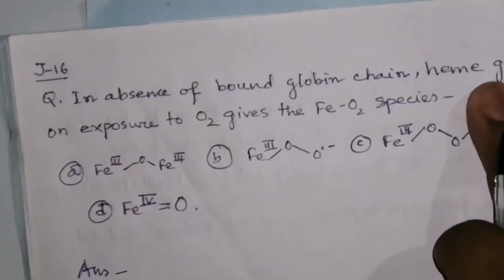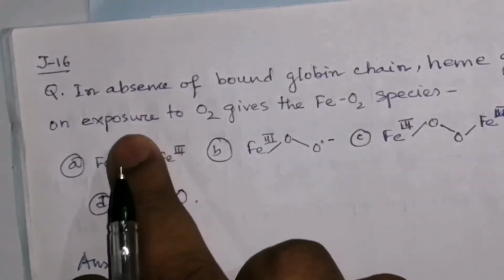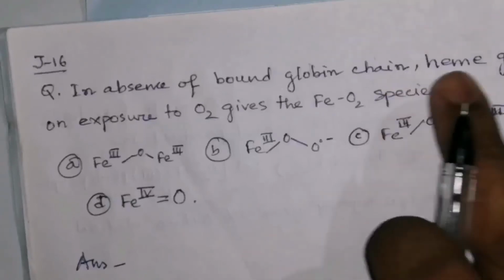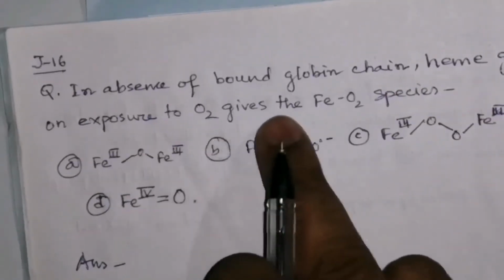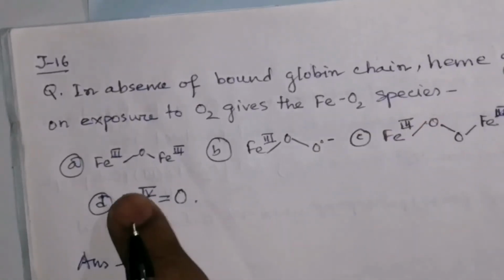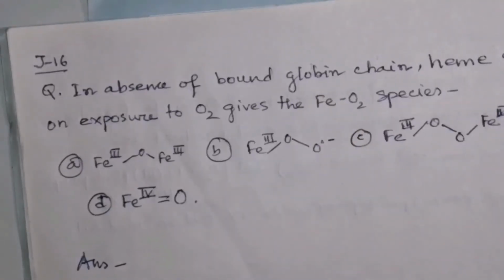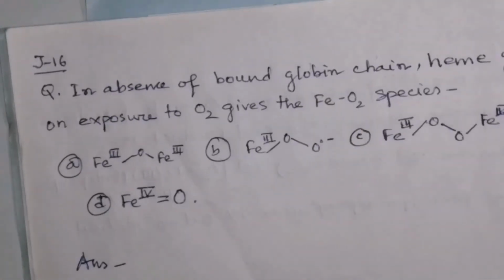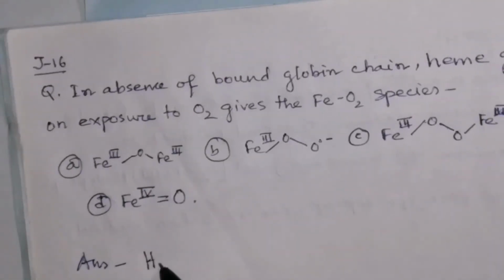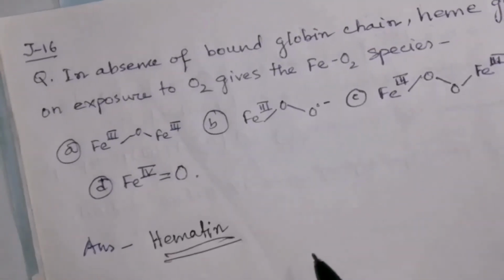Next, there is a question from the June 2016 CSIR exam. It says that in absence of bound globin chain, heme group on exposure to oxygen gives the FeO2 species. Now we know that if in a heme group there is no protein chain attached to it, it leads to a hematin.